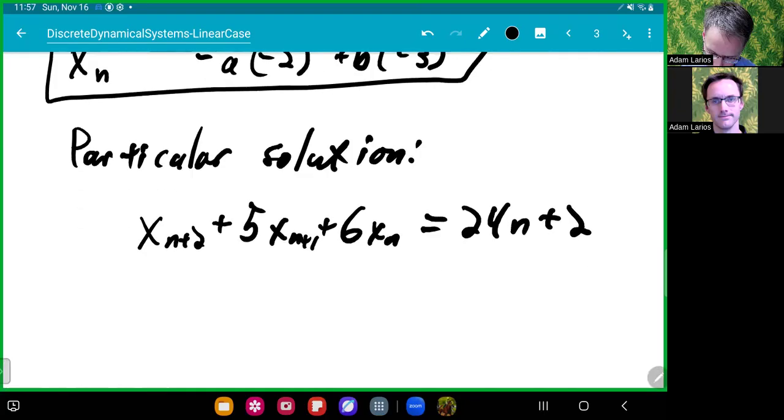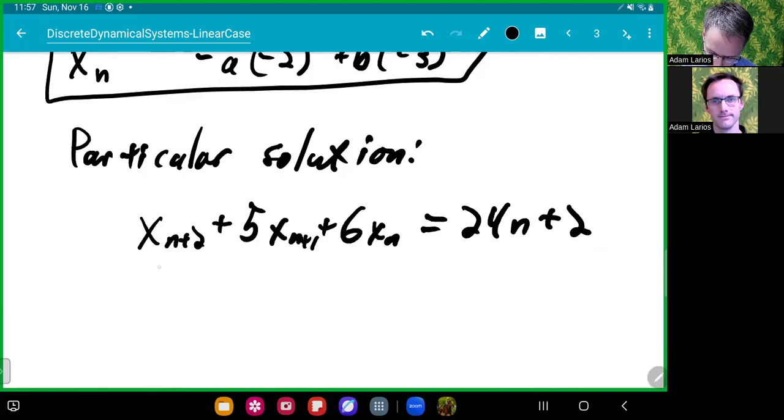Okay, great. Now we just want to find one solution that will make this true. And there are several ways to go about this, just as there are in ordinary differential equations. But one fairly straightforward method is just to notice that the right-hand side is a polynomial. In this case, it's a nice linear polynomial.